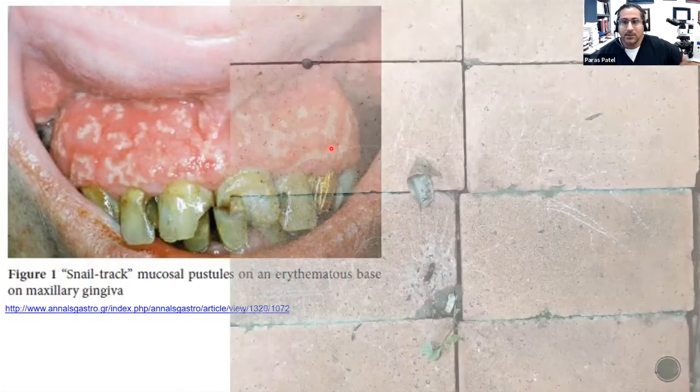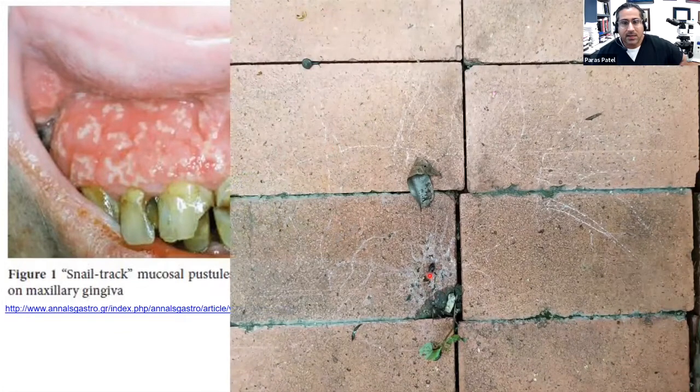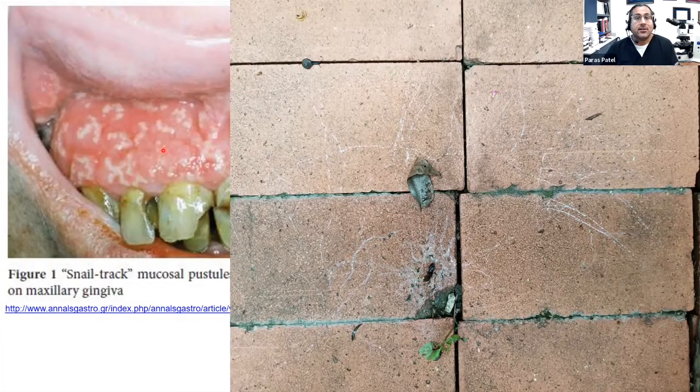And just for reference, this is a slug, which I think is probably just a homeless snail. And these are these snail track-like marks on our front walkway here. And you can kind of see that they have this kind of back and forth serpiginous pattern. I hope you're humoring me, that are similar to these snail track-like ulcerations that are associated with these inflammatory bowel diseases, okay?